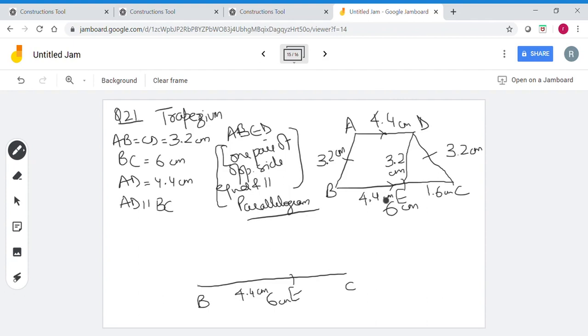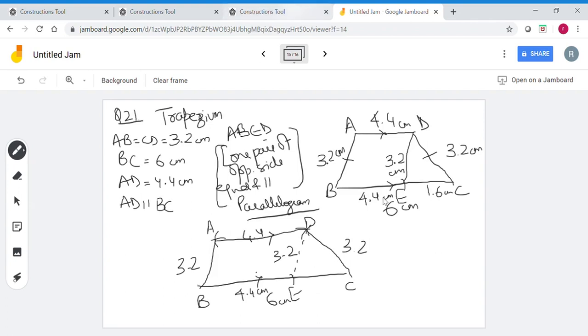Yes, I will, because D is 3.2 from E and 3.2 from C. So this will give me my point D, and now I need to find point A, which is 4.4 from D and 3.2 from B. So now I will be able to get my trapezium, and this is 3.2, this is 3.2, this is 3.2, and this is 4.4.